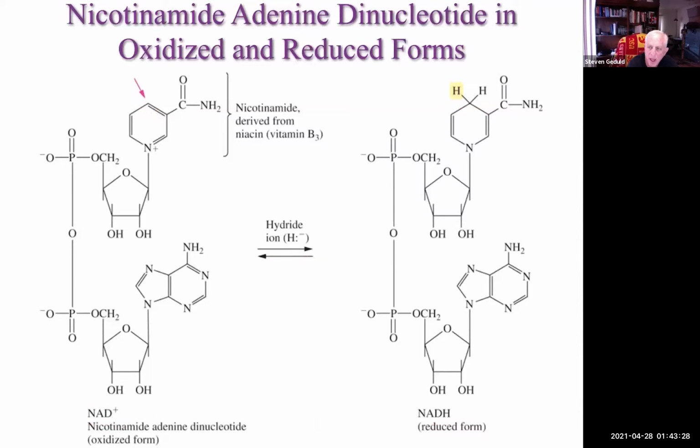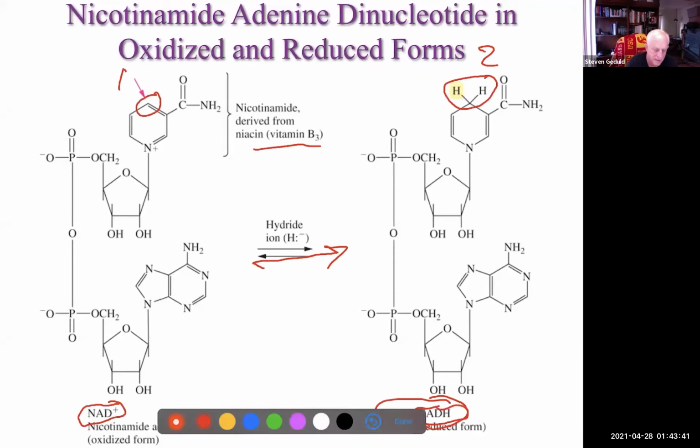Remember, reduction is getting rid of oxygen or adding hydrogen. Oxidation was adding oxygen or getting rid of hydrogen. So this is adding hydrogen to form NADH. This is a reduced form. And we use that in the Krebs cycle, and in other cycles in the body to produce ATP.